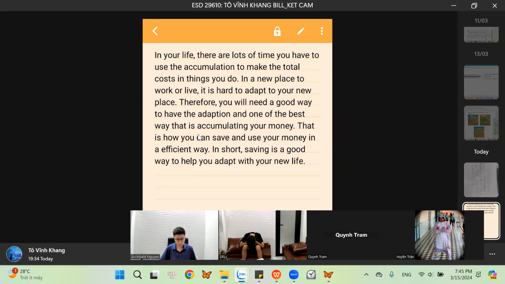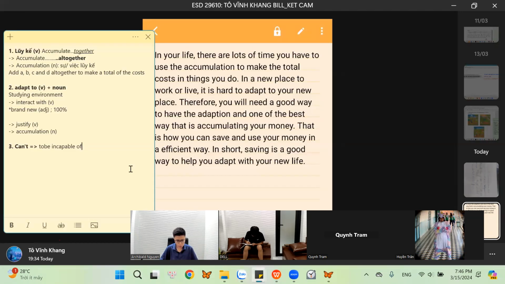And one of the best ways is accumulating your money. All right, accumulating your money, or accumulating your fees, or accumulating your costs, or accumulating your money spent, spending. But here, expenditure is about money. We have another word for money, that is expenditure, or the expense, the expenses.